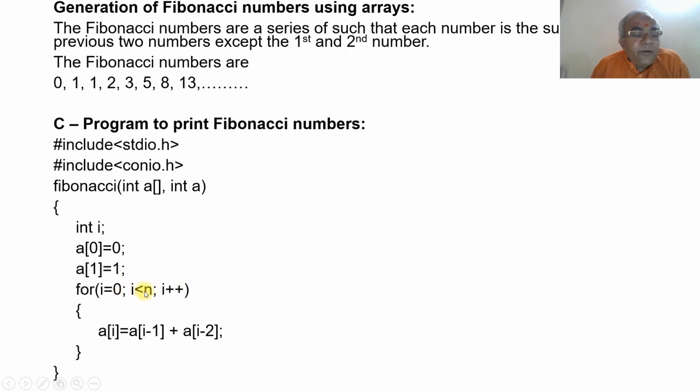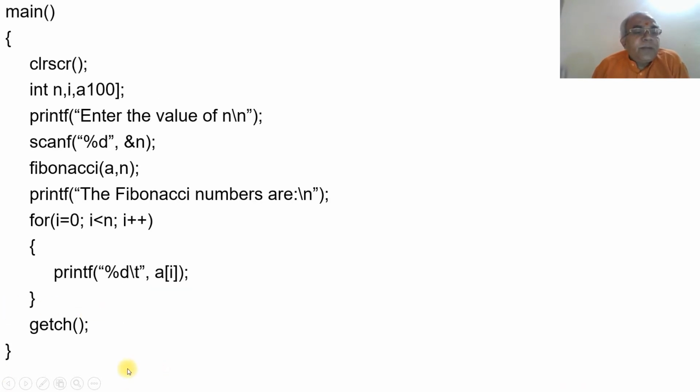Is 4 less than 5? Yes. A[4] will be equal to a[3] plus a[2], that is 3 plus 2, which becomes 5. Then 4 plus 1 becomes 5. Is 5 less than 5? No, so it comes out of the loop and then comes to the printf.